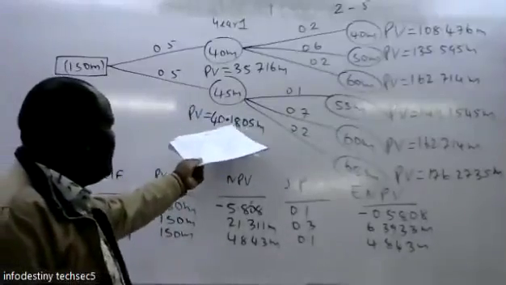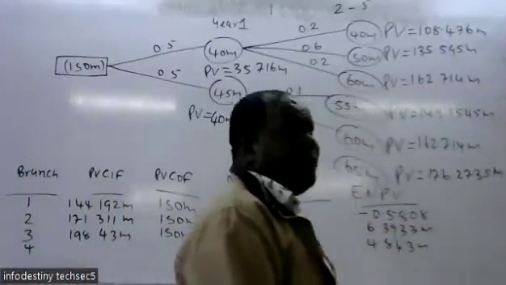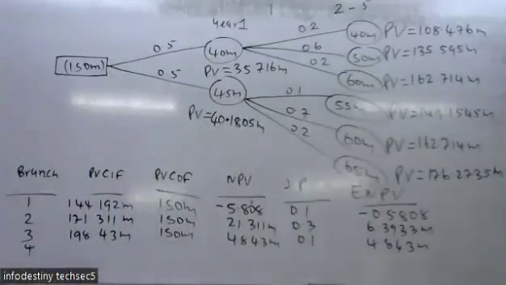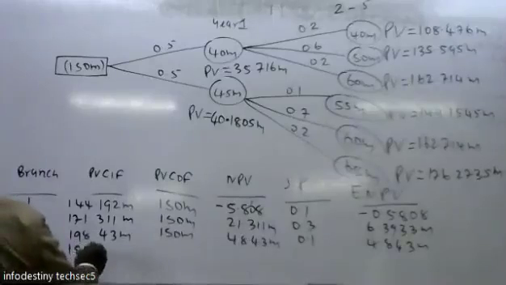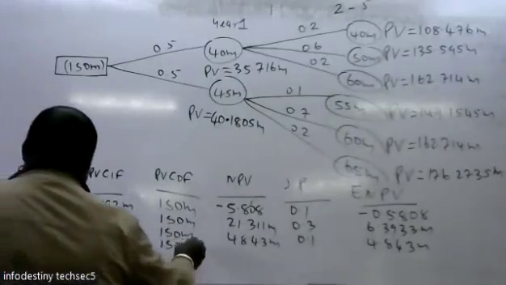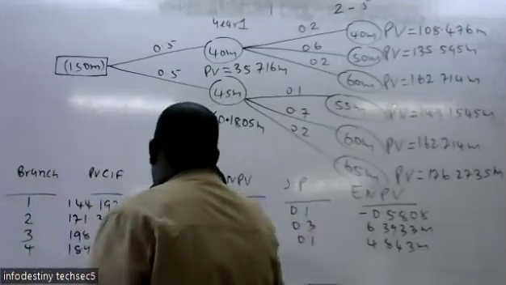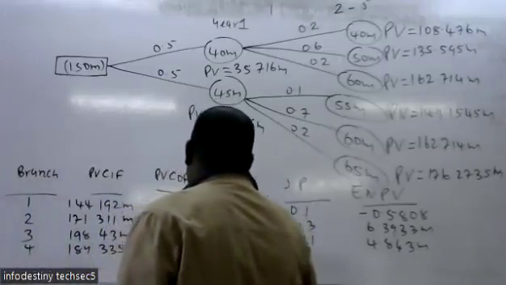So it is 40.1805 plus 149.1545, which gives 189. We still subtract the 150, so it will be 39.335.